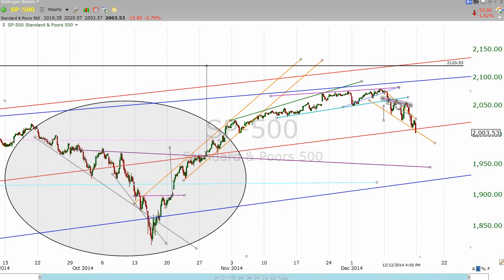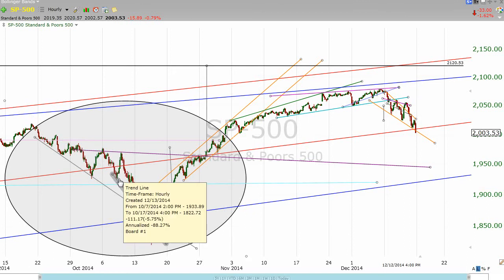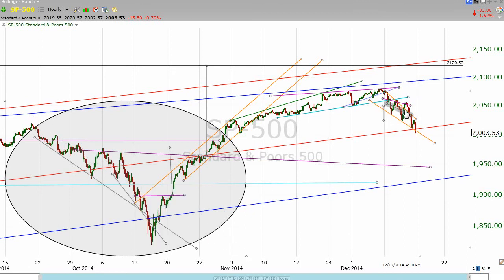Then we had a recovery, a second downward move, a second recovery, then a swift downward move, and now a swift downward move.